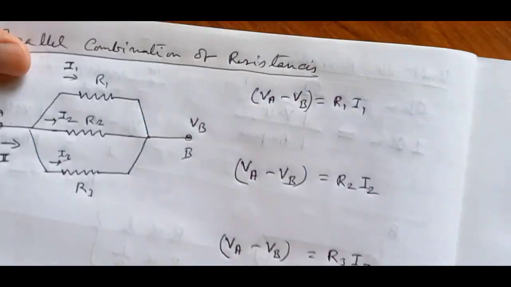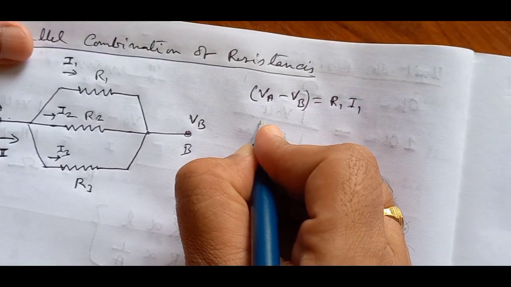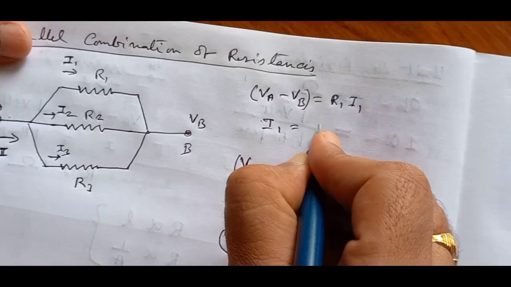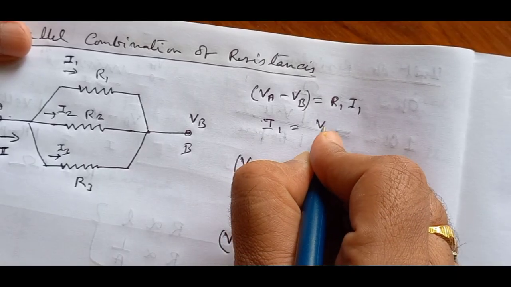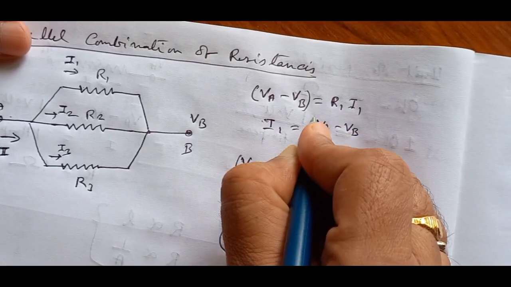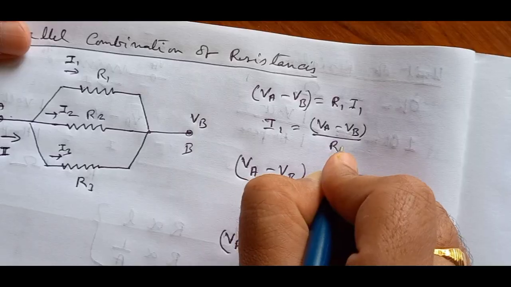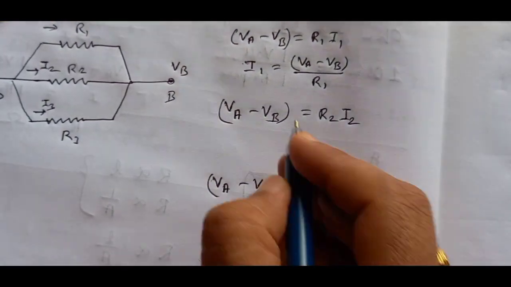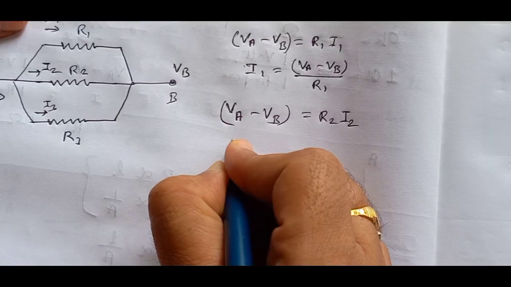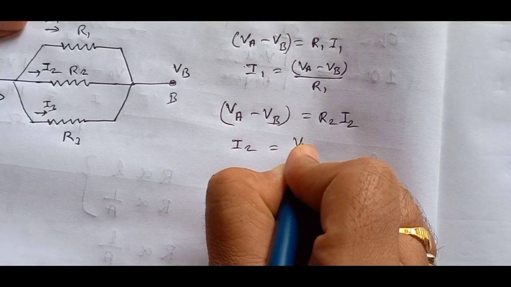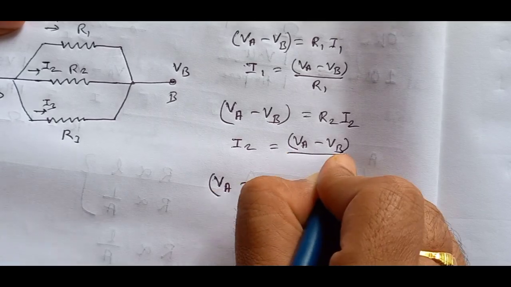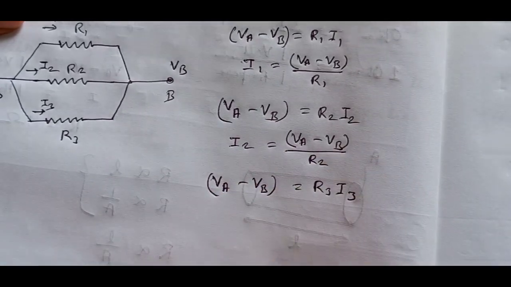Now, from the first one, we can write I1 is equal to VA minus VB by R1. Similarly, for the second one, we can write I2 is equal to VA minus VB by R2.